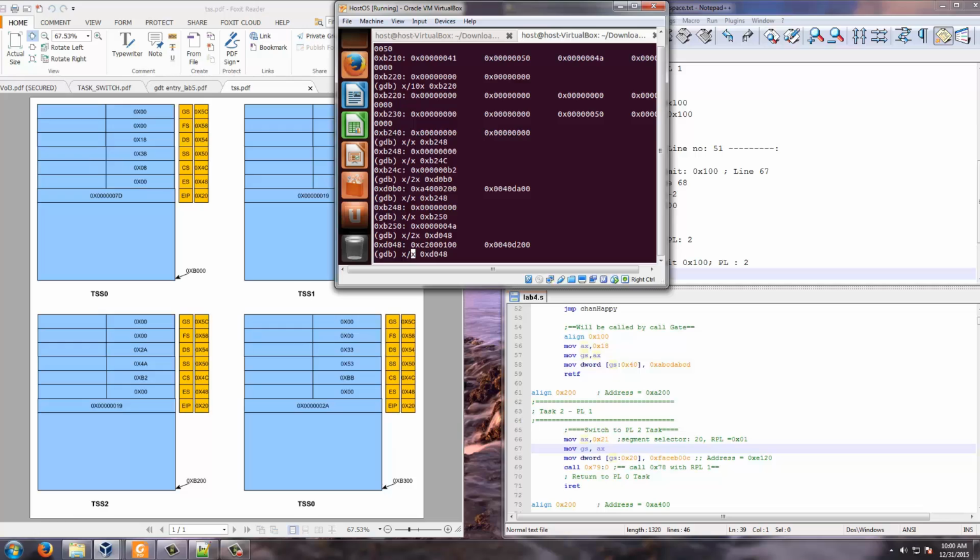Now I have to see for the remaining things. So x/10x 0xB250. B250 we have seen. B254.